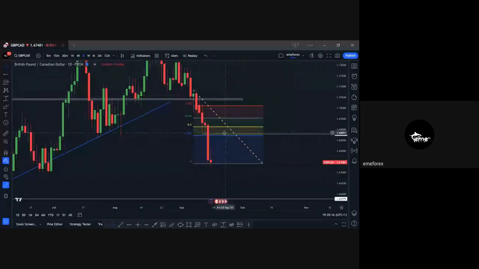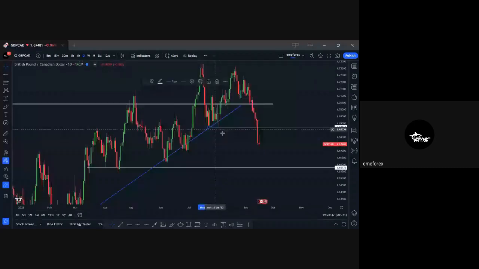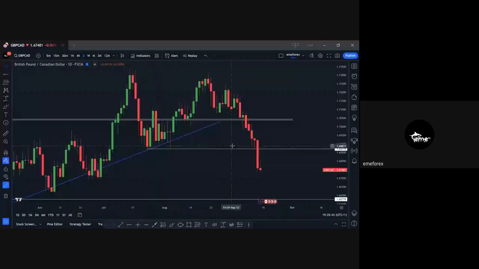That's the blue, then the orange, then the green. However, this is when we have deeper pullbacks. Not all the time will the market give us deep pullbacks like this, but these are price points that could trigger the retracement. If you zoom in closely, you will see that this was the level we broke out from, this particular line here. So we're looking out for the pullback to that zone.